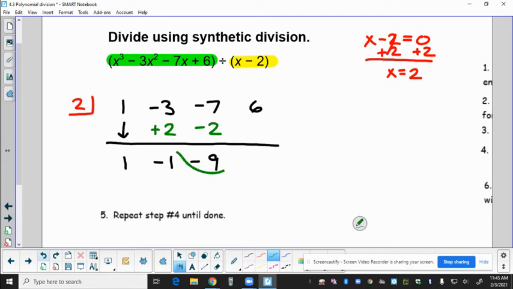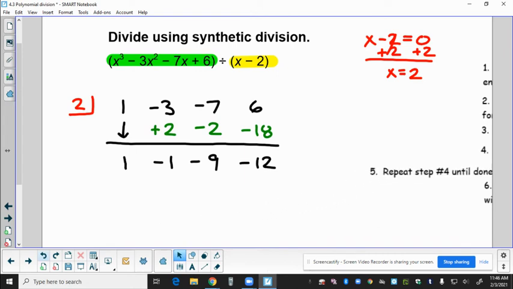Repeat. Multiply those two together. It's -18, right? Add those together. All right. Good so far. Looks like we've got one step remaining to find our answer.